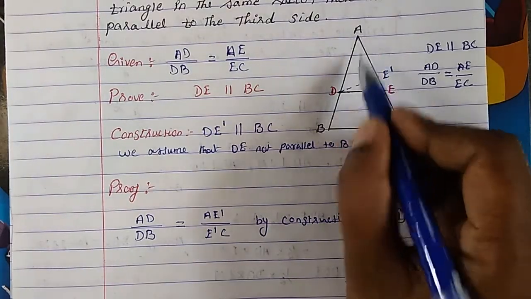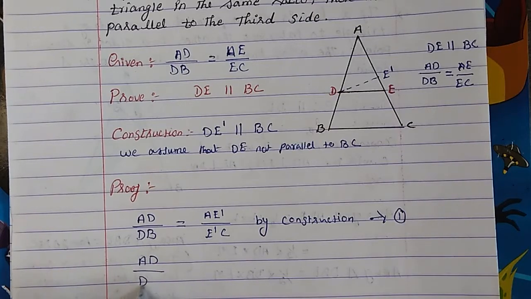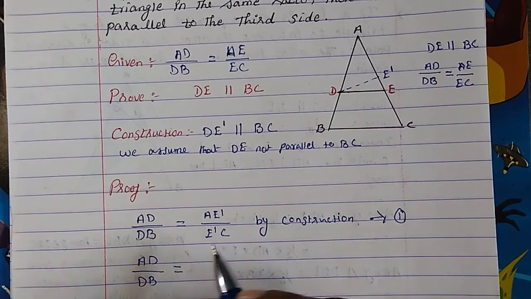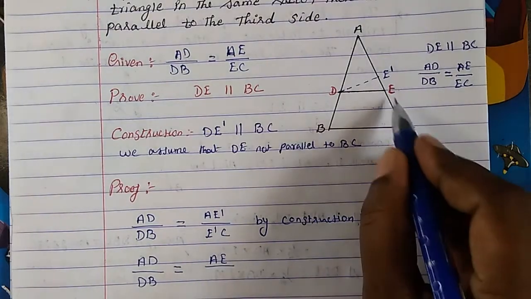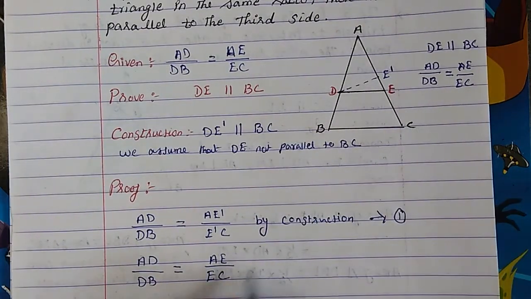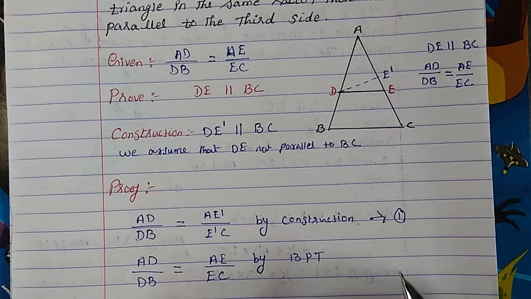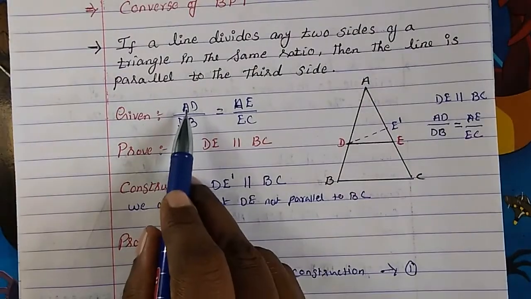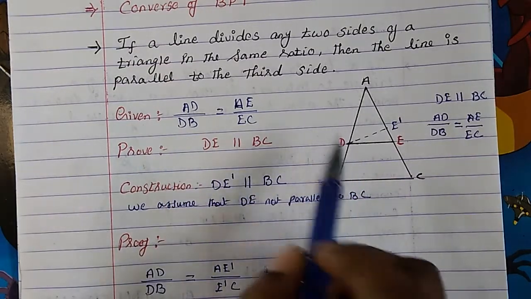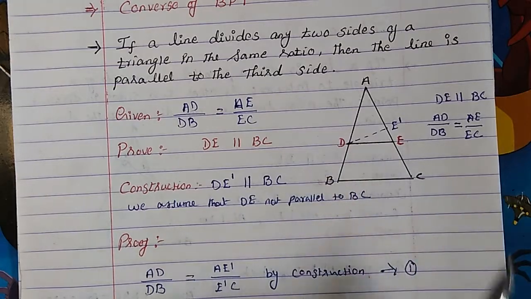Now let's write AD upon DB is equal to AE upon EC. This is by the basic proportionality theorem. Actually, what is given to us is AD upon DB and AE upon EC. That's what is given to us.